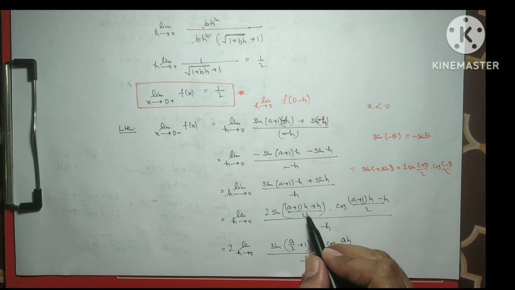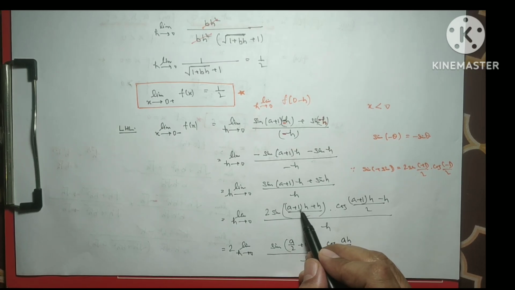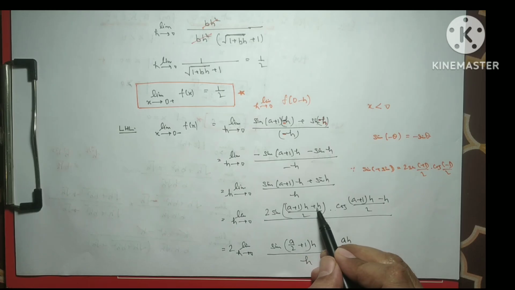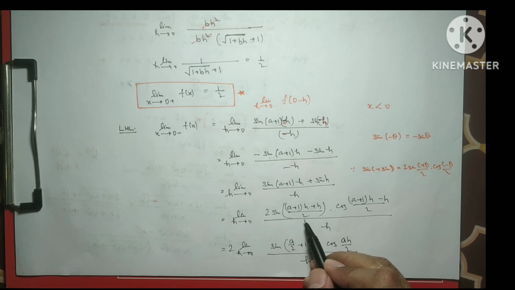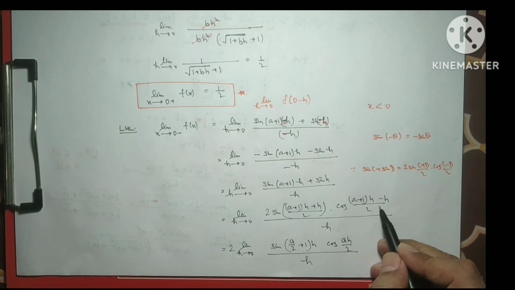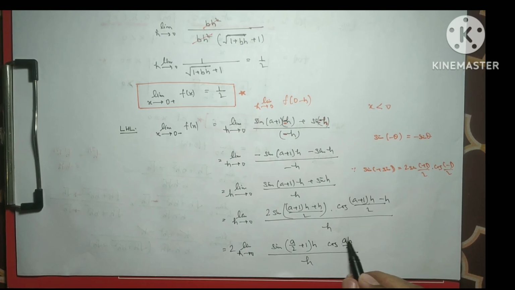So right now it becomes sine of a plus 1 h plus h. When we take common h, it becomes a plus 2 by 2, so you can say a by 2 plus 1 h, and on cancelling this h we get a by 2 h, so it is cos a h by 2, and this 2 is here, and there is h.